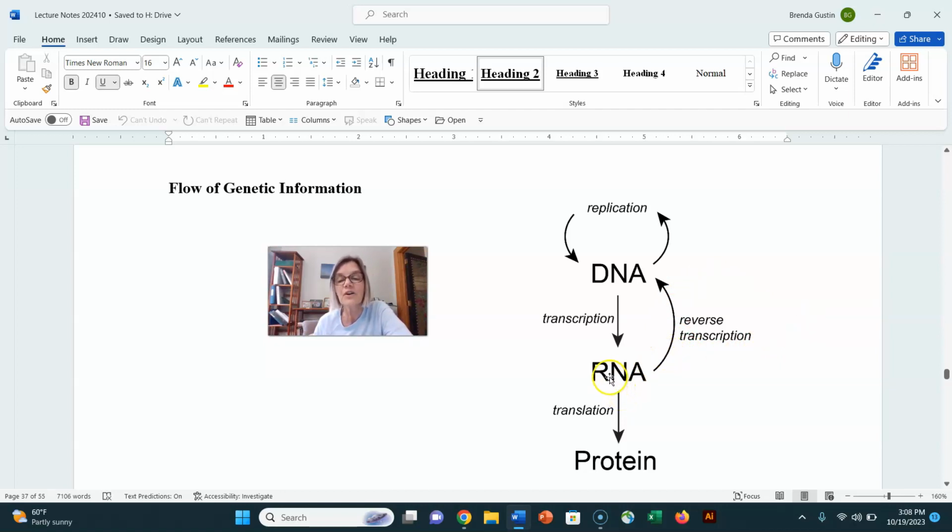So they're going to go from RNA to DNA, back to RNA to proteins. And the reason why I even mention this is because particularly the HIV virus, the virus that causes AIDS, is an RNA virus. And so it has to have this enzyme, reverse transcriptase, where its RNA is copied back into DNA. And then the DNA is used to make RNA and proteins.